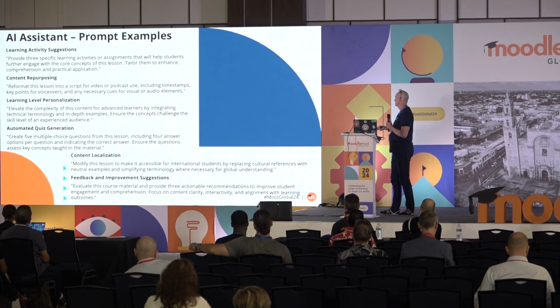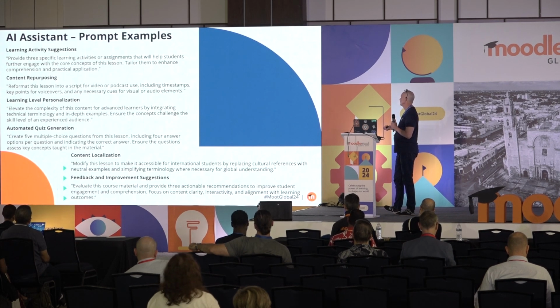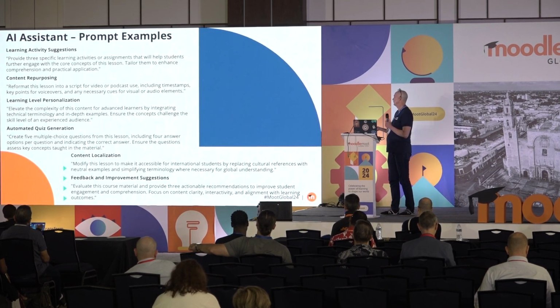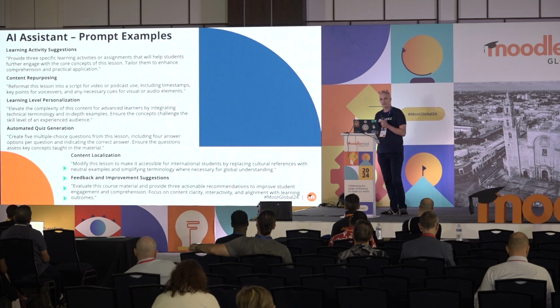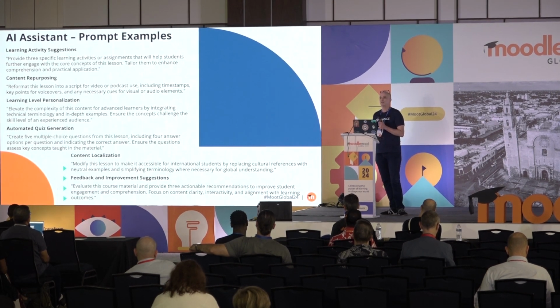Modify this lesson to make it accessible for international students by replacing cultural references with neutral examples and simplifying terminology where necessary for global understanding. Very specific, but AI sometimes likes to make things fluffy. It likes to insert language that may not be exactly appropriate for an educational setting. These types of prompts help you get closer to what's going to work for your students.